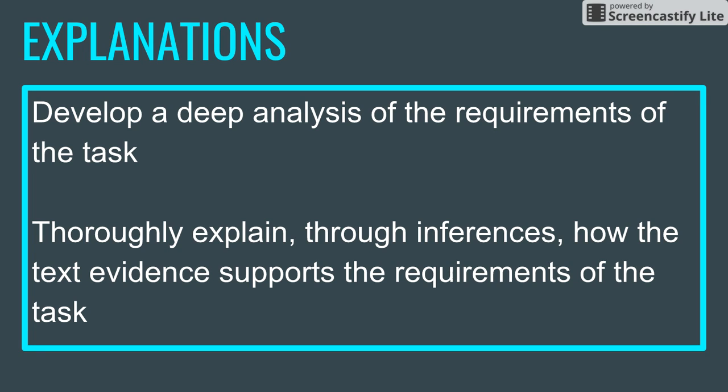If you try to turn in a paper or an essay with your blue sentences, your explanation sentences, that are just a restatement of what the text evidence is saying, for example, if you were to say, this proves that Margaret is a creepy person, you're not developing it and you're not giving inferences, okay? You have to have explanations that really, really support it with multiple sentences and using those inferences, okay?